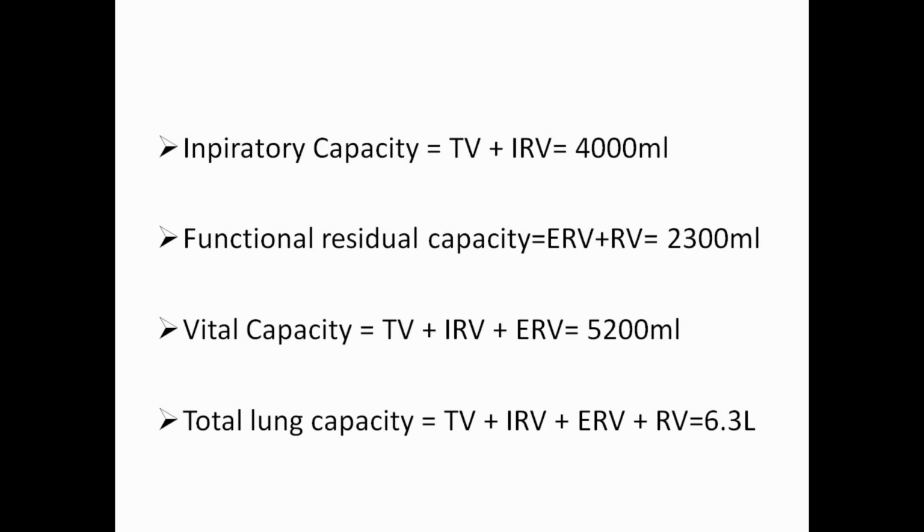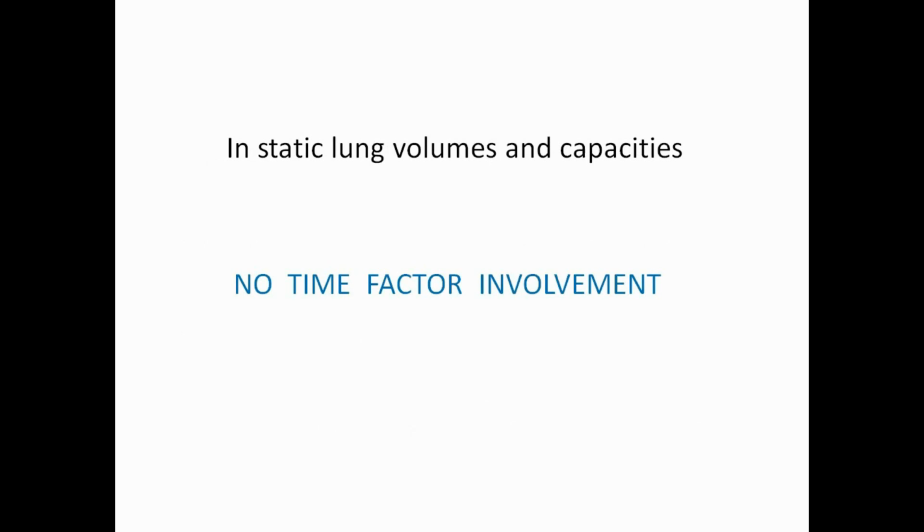Vital capacity, which is a combination of tidal volume plus inspiratory reserve volume plus expiratory reserve volume, equals 5200 ml or 5.2 liters. And the total lung capacity, equaling vital capacity plus residual volume, is equal to 6.3 liters or 6300 ml. These are the values for the various capacities, and they might vary from book to book.